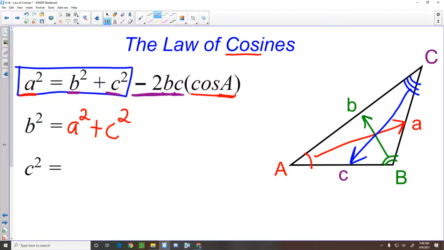The middle portion is minus 2 times which two sides? Well, it's the same two that we just wrote. I just did the A squared plus C squared, so I'm doing 2 times AC. 2 times A times C. The same two sides that we just added up.